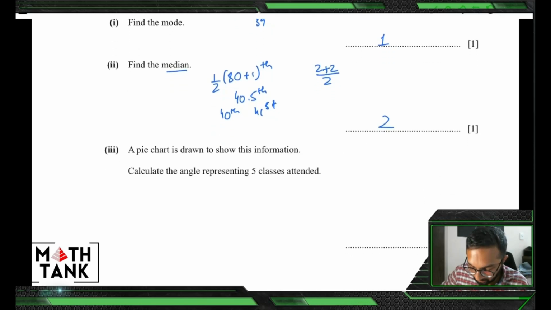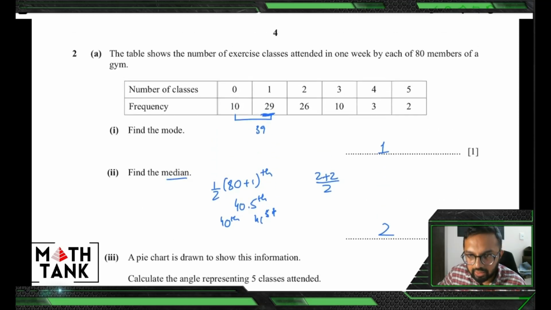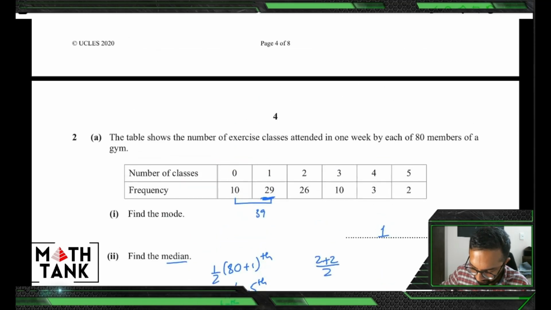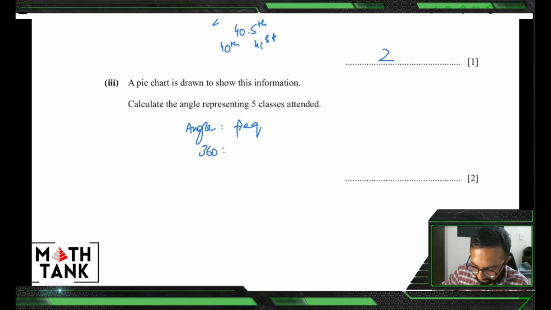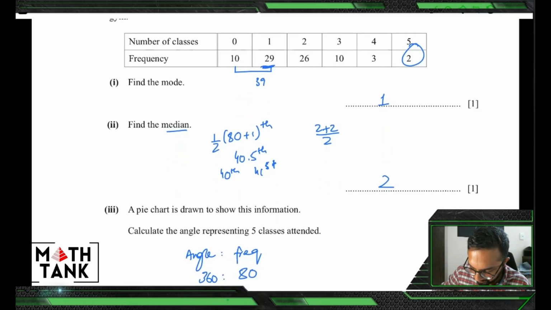Then it says a pie chart is drawn to represent this information. Calculate the angle representing 5 classes attended. So what we need to remember is that when you're drawing a pie chart, the angle corresponds to the frequency. So the entire angle will be 360 and the frequency will be 80 because 80 people attended. 5 classes attended had a frequency of 2.